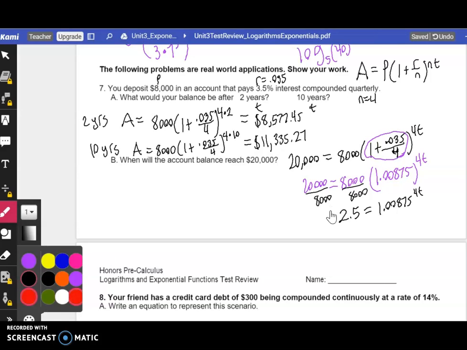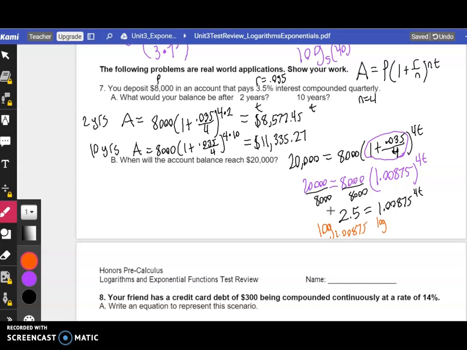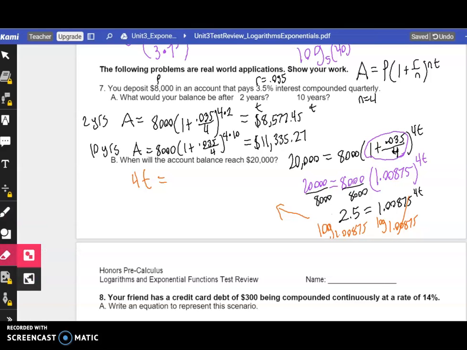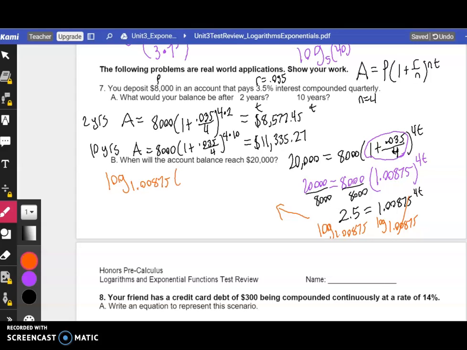Now we can take the log base 1.00875 of both sides of this equation. Those cancel out, and so now I'm going to rewrite the equation over here. So log base 1.00875 of 2.5 equals 4t.